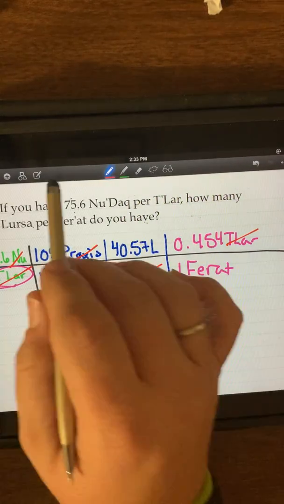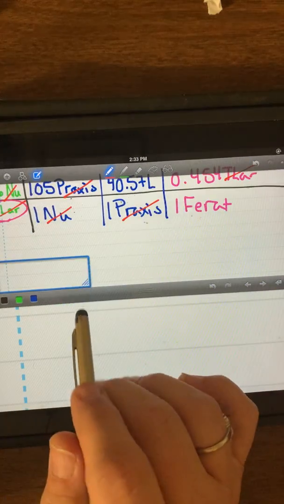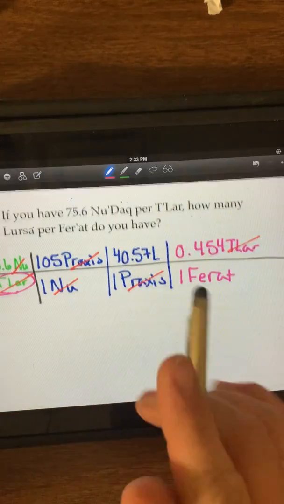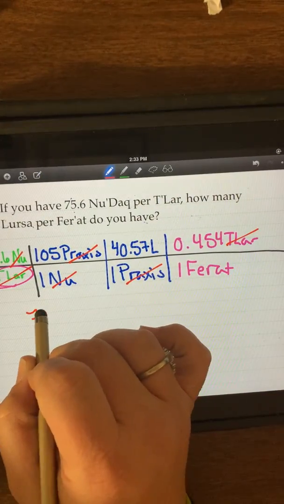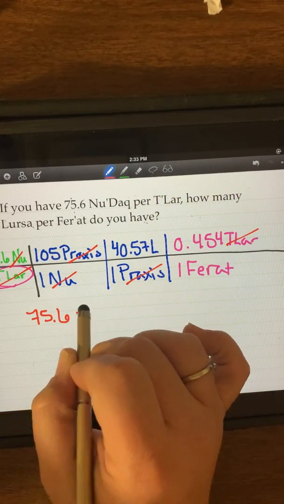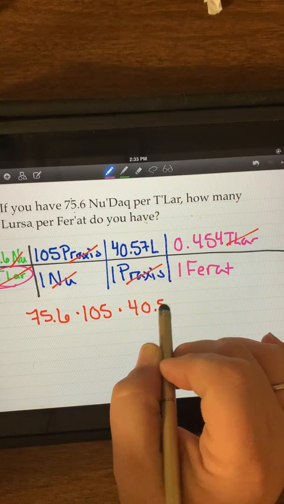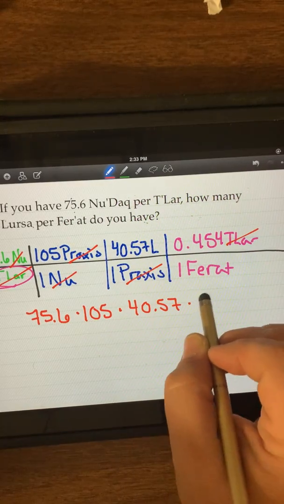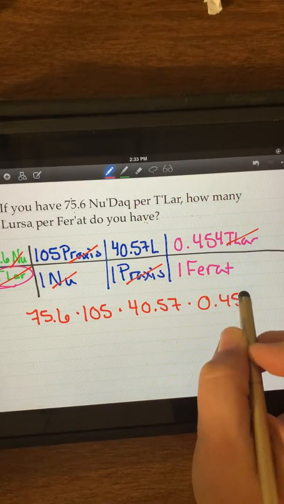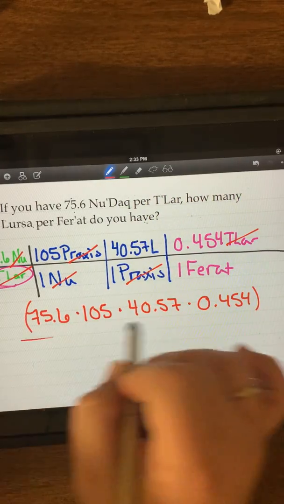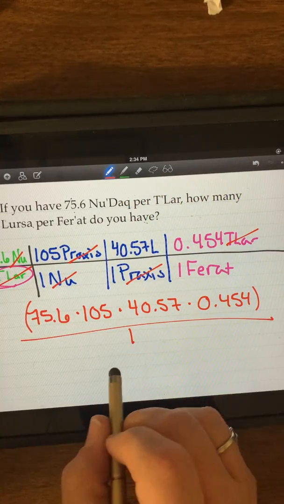Again, always opposites. So then, let's just do it this way. 75.6 times 105 times 40.57 times 0.454. That product divided by the product at the bottom, which happens to be 1.